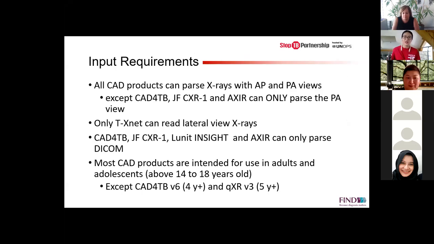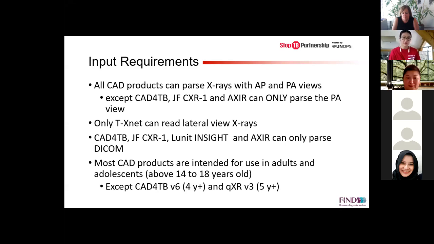Now, when it comes to running the CAD solution, all the CAD products that we have surveyed here can parse anterior-posterior or posterior-anterior views, except the three products listed here, which can only work with the posterior-anterior view.